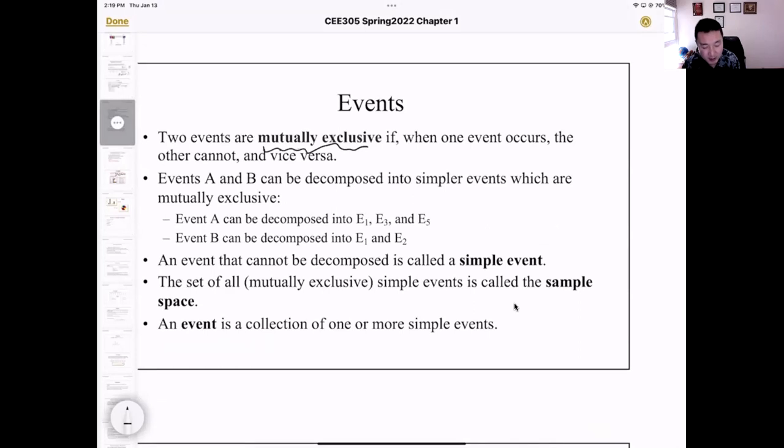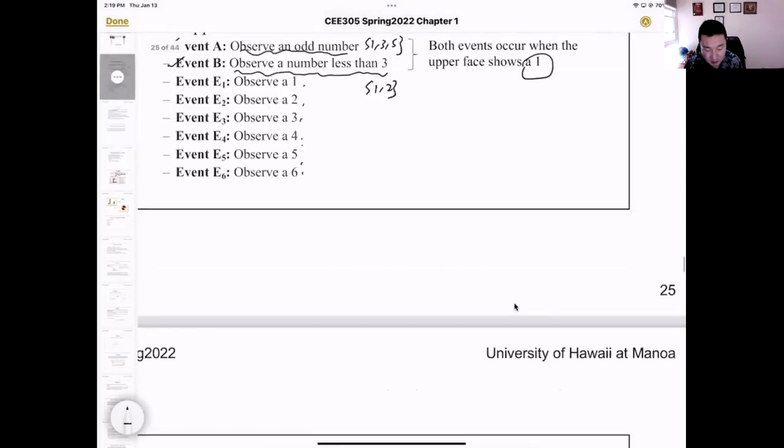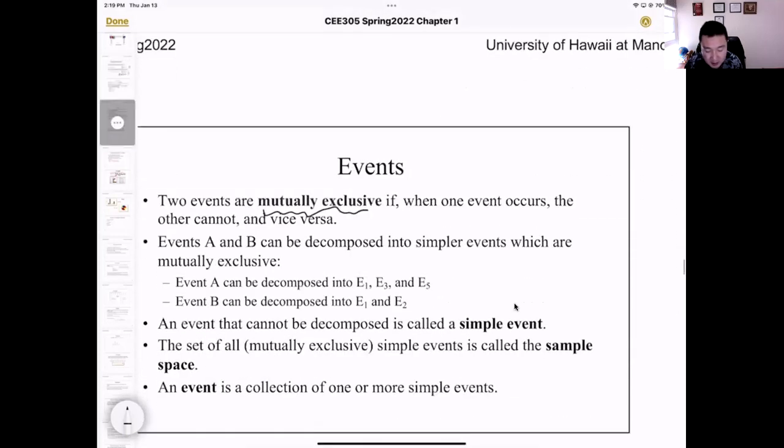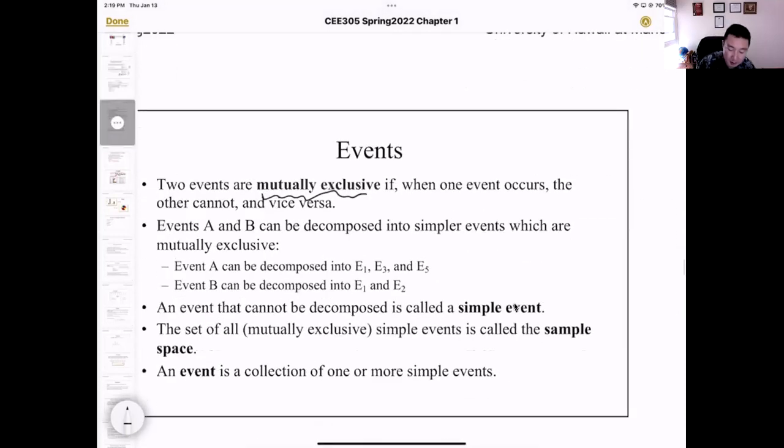Event A and B, as we discussed in the previous slides, can be further simplified into events E1, E3, and E5. Event A is we observe an odd number, so E1 is we see a 1, E3 we see a 3, E5 we see a 5.